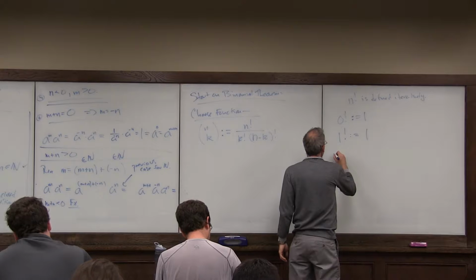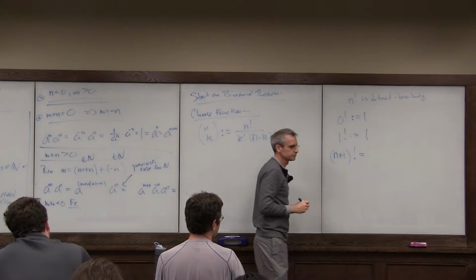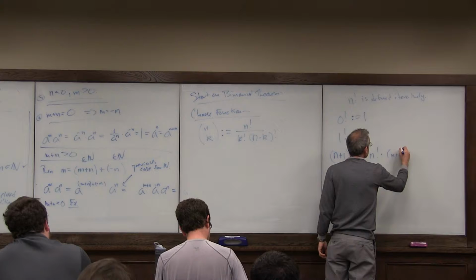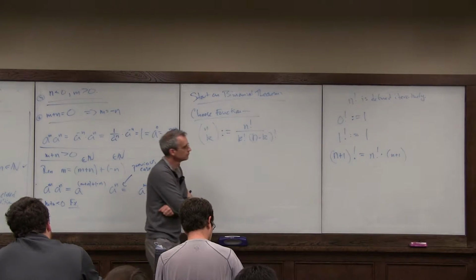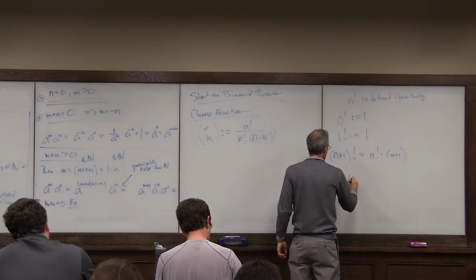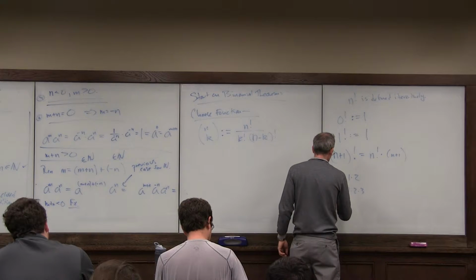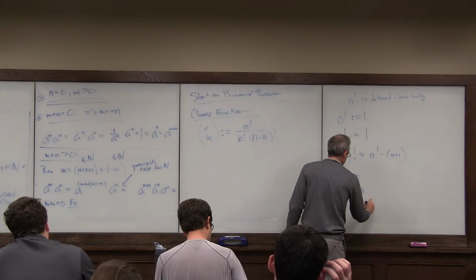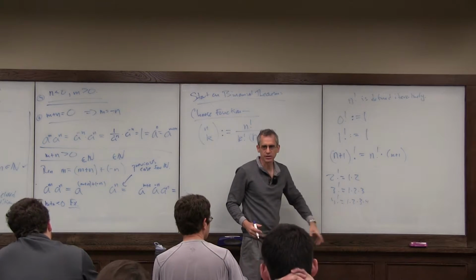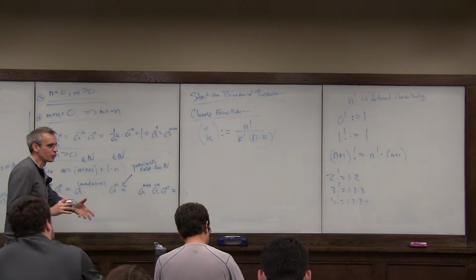And then what is n plus 1 factorial? This is another iterative definition. It's equal to n plus 1 times n factorial. So for example, 2 factorial is 1 times 2. 3 factorial is 1 times 2 times 3. 4 factorial is 1 times 2 times 3 times 4, etc. It's nice sometimes to write down examples, especially when you have a new iterative definition and you're trying to get a feel for it.